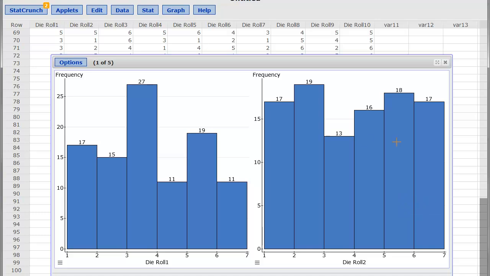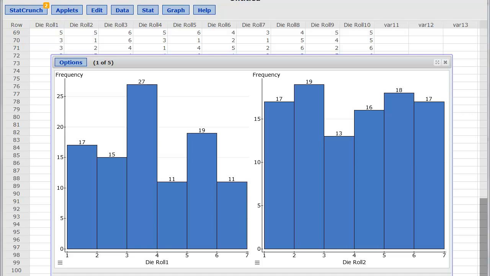If you have 6 values and you roll it 100 times, you would expect between about 16 and 17 values of each of the numbers. And look, you've got 16, 17, 18, 19, and 13. Look how uniform that looks.